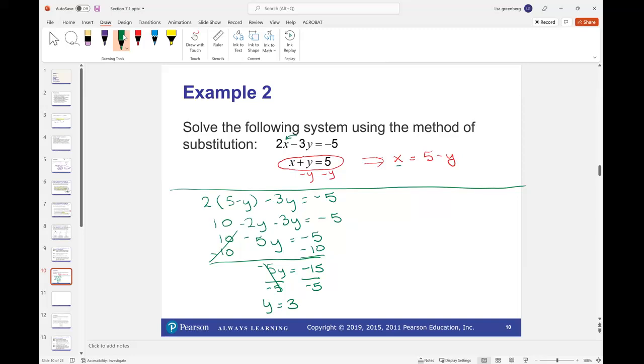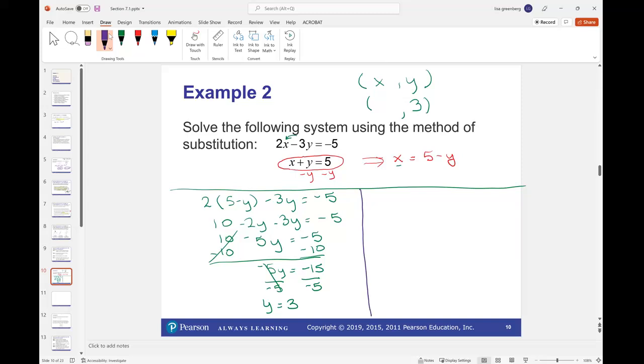So what am I looking for? I'm looking for an ordered pair. So I'm looking for an x, comma, y. And now I know y is equal to 3. Okay? So let's go back and find out what x equals.